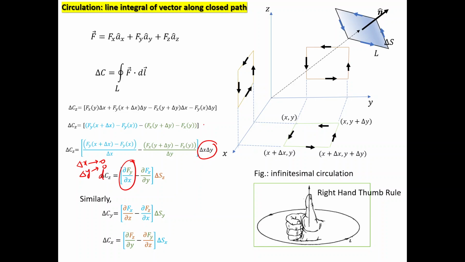It should be dc here because we have taken the limit. Same way we can obtain the circulation over the yz plane, which is given by dcx, and similarly over the xz plane, which is given by dcy.